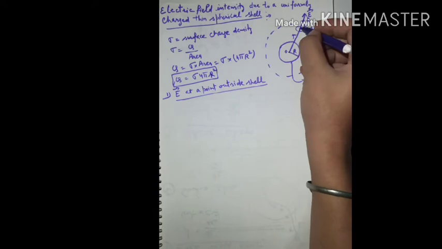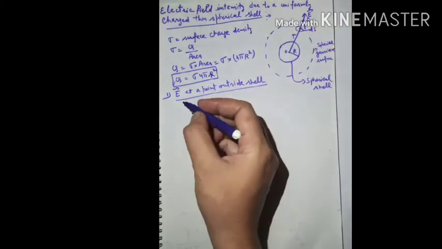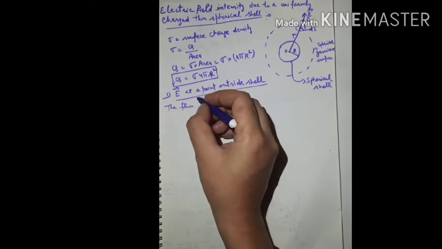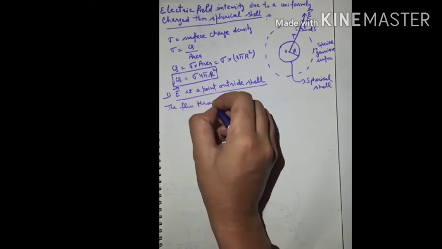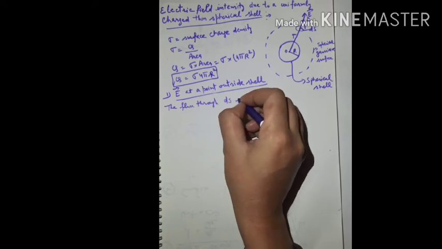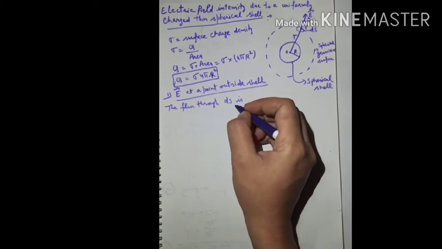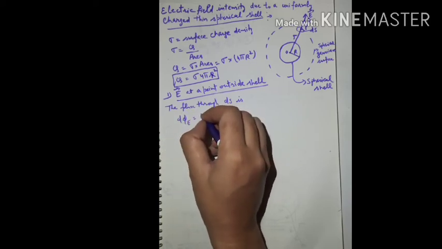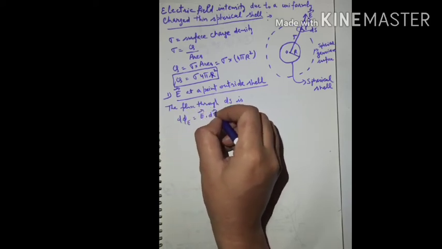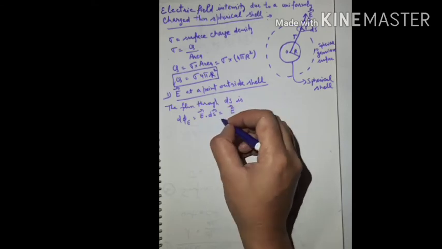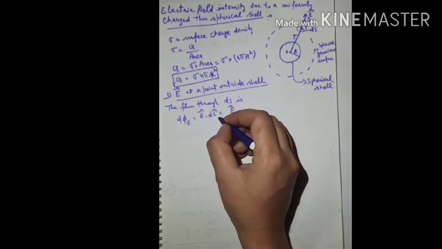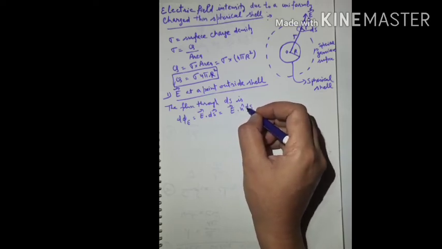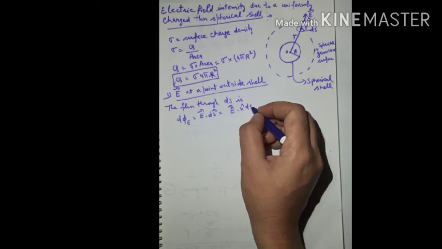Now the flux through this small area at point P, the flux through ds area, is given by d phi E. d phi E is equal to E dot ds vector. Here ds vector is equal to n cap ds, where n cap is the unit vector normal to this area.